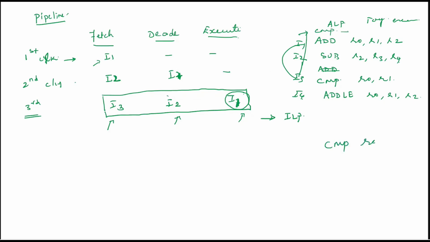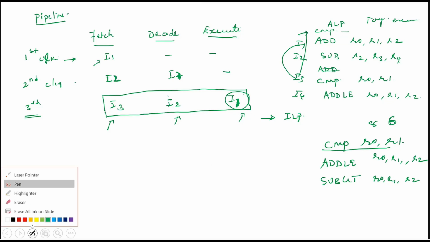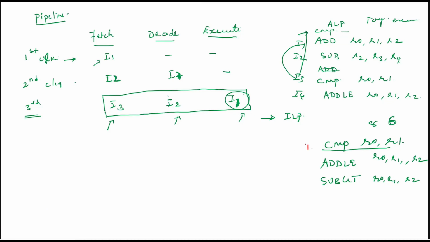Compare r0, r1. Then add less than r0, r1, r2, and subtract greater than r0, r1, r2. Let it be like this. So now this is instruction one, this is instruction two, and this is instruction three.